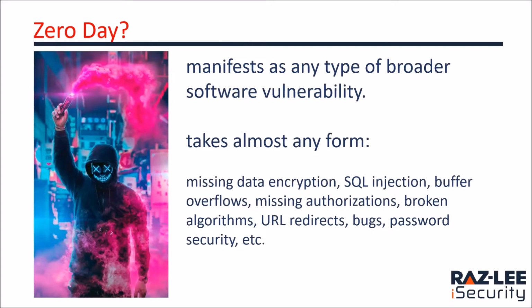For this answer, we need to know that it can be any type of broad software vulnerability, and it can take almost any form, because probably it is missing encryption, or they can do it through an SQL injection, buffer overflow, missing authorizations, broken algorithms, redirect URL bugs, password security, etc. It's called zero day because it's the first time this kind of attack occurs in the lifetime of the software.